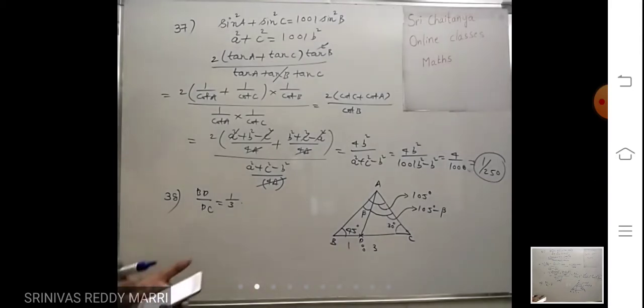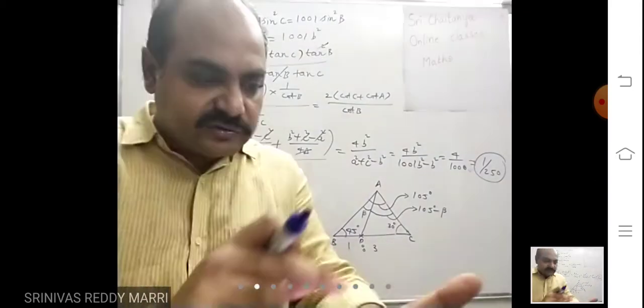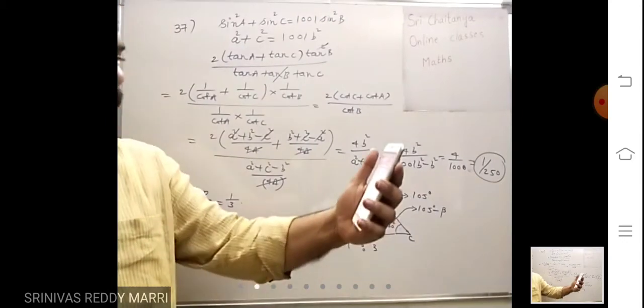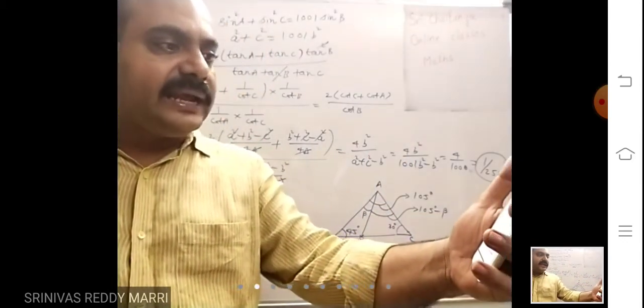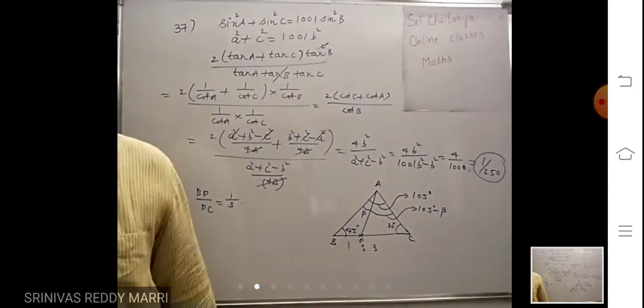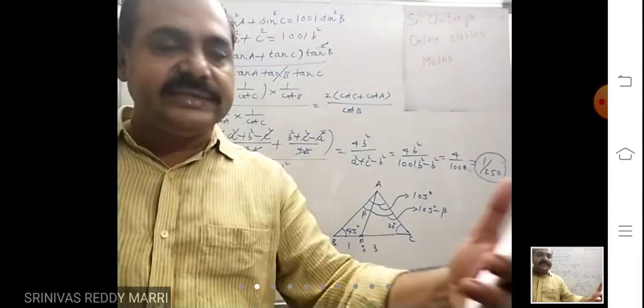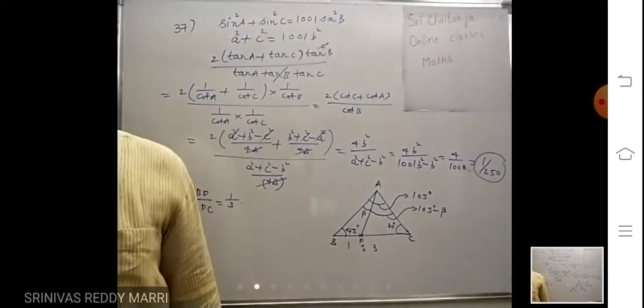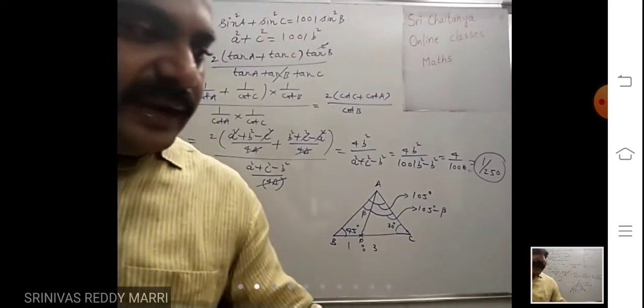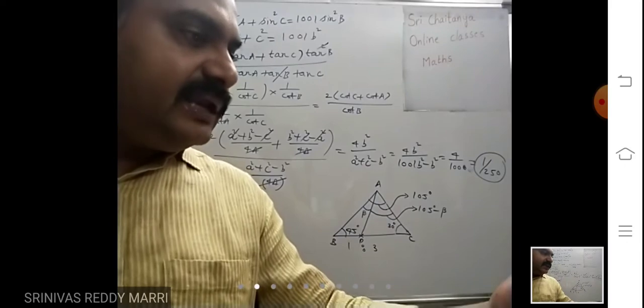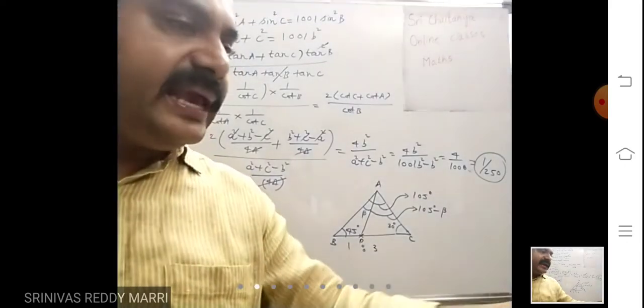Now look at, for these type of questions you have to observe the answer. In every answer cot beta is there, and AB and AC are there. So you have to definitely find cot beta, and in every option AB by AC is there.